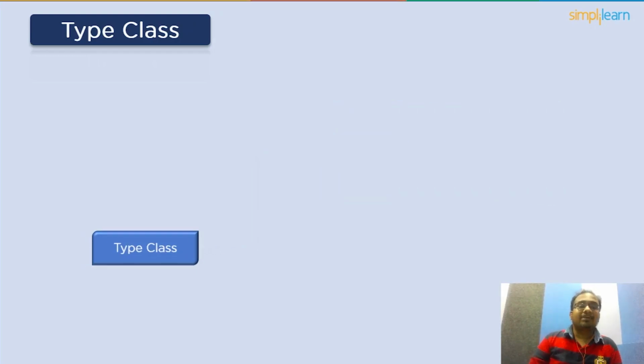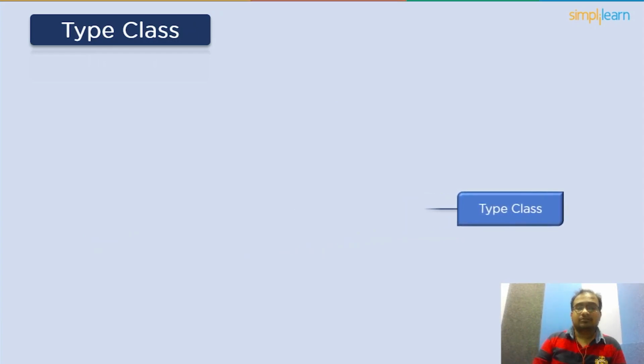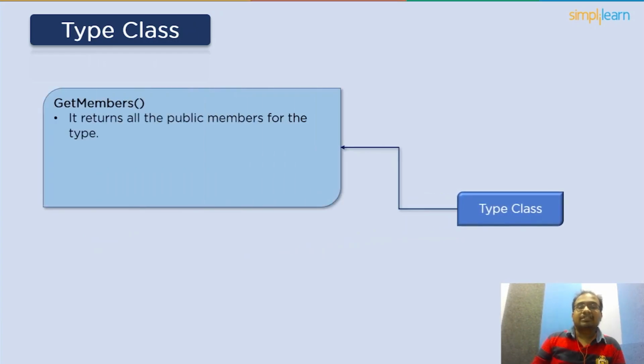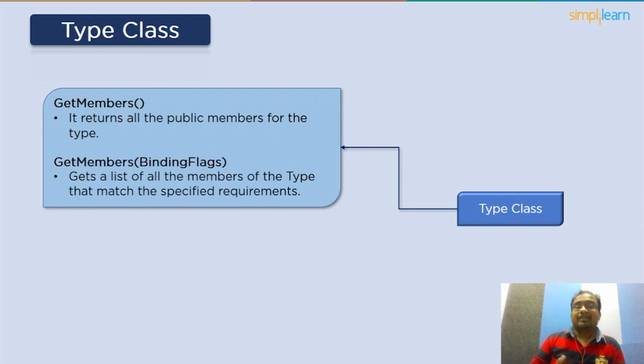Next up, we have GetMembers. This one returns all the public members for that type. Then we have GetMembers with an argument as binding flags. This one will get us a list of all the members of the type that match the specified requirement given by binding flags.